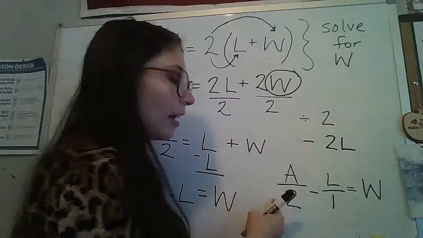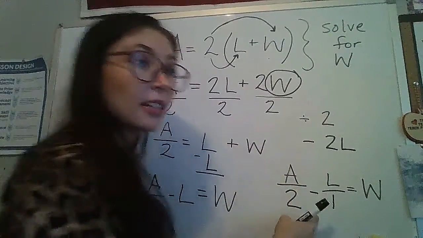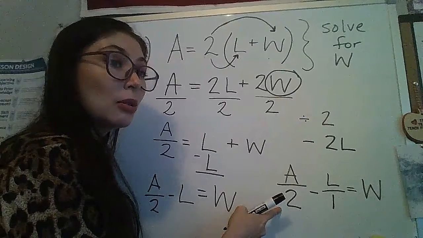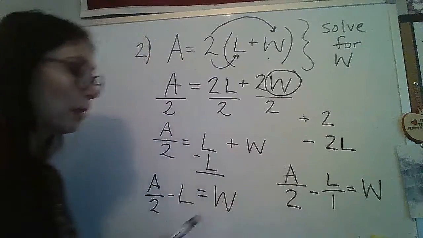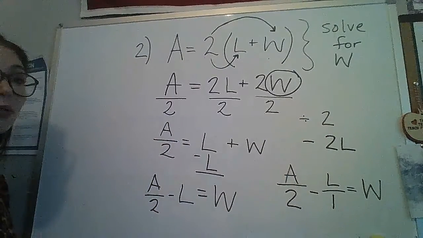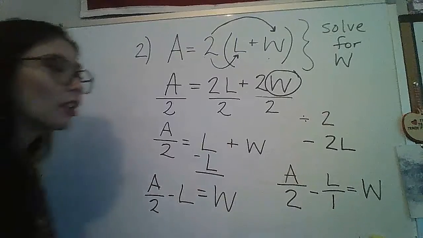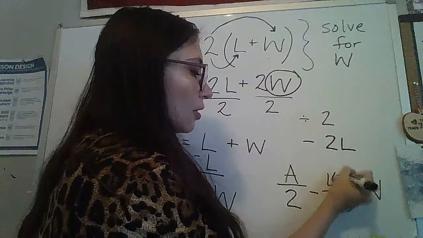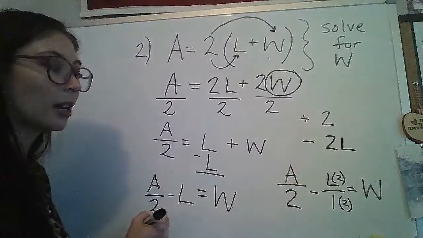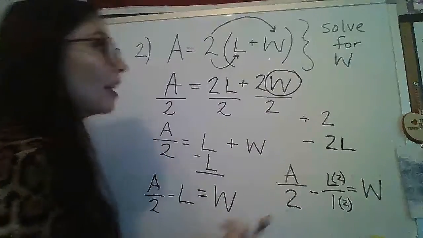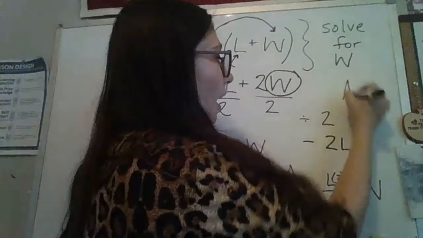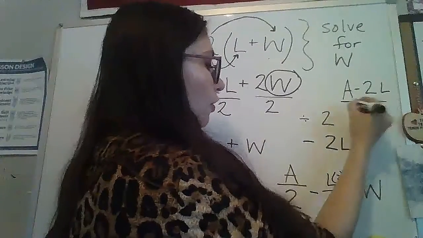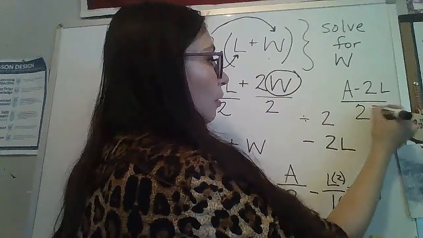Just like if you were adding or subtracting any fraction, you see that the denominator here is 2. The denominator here would be a 1 because anything over 1 is just itself. So I'm going to multiply the top and the bottom by 2 so they then have a common denominator. So my final answer would be A minus 2L over 2 equals W.